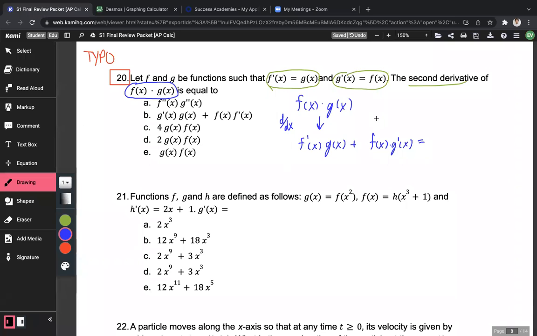I could say, well, all right, f prime of x is equal to g of x, and g prime of x is equal to f of x. So if I wanted to, I could actually say that this is just equal to g of x times g of x plus f of x times f of x, which is just going to be g of x squared plus f of x squared. Taking my derivative one more time.